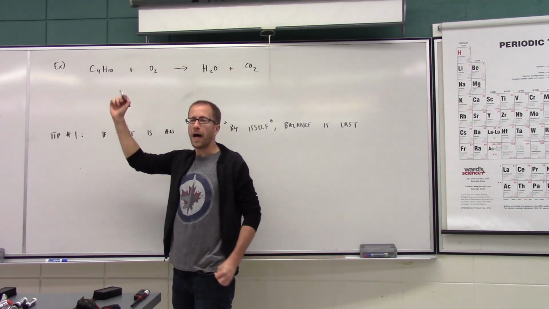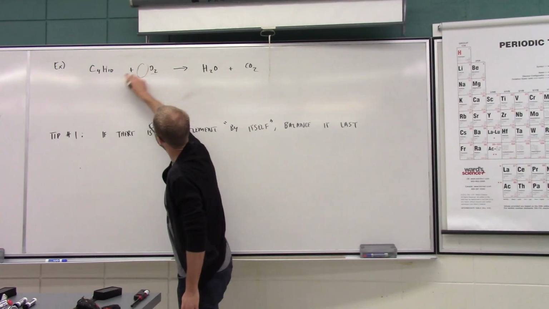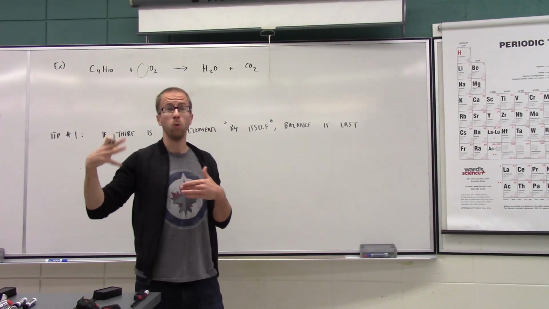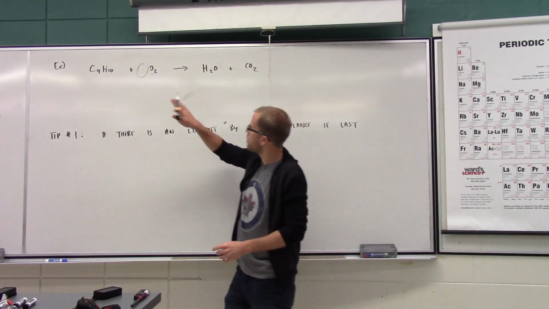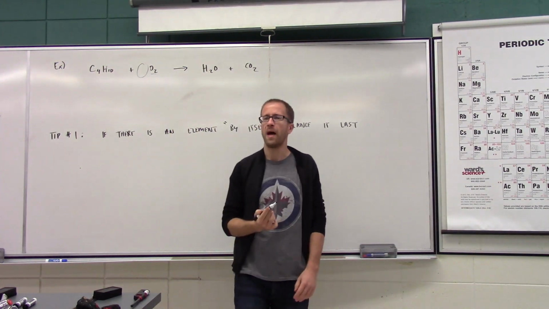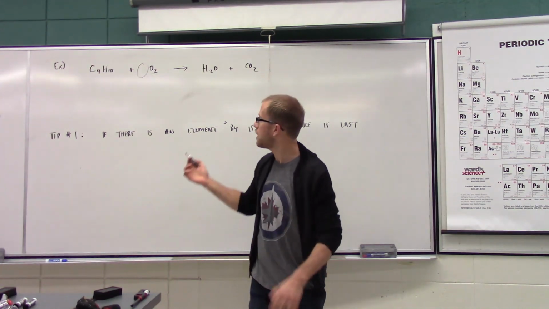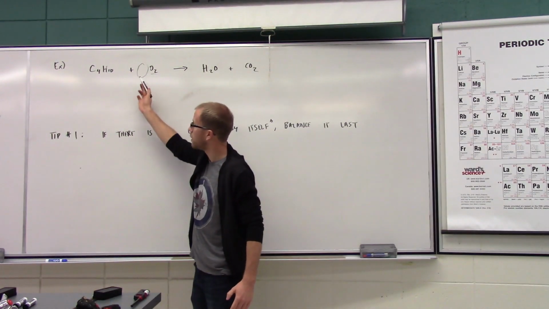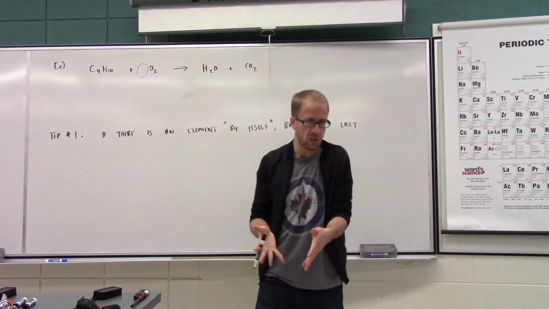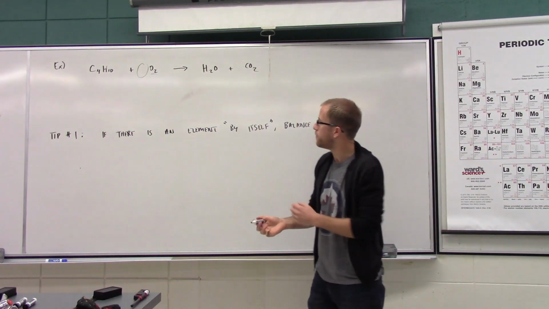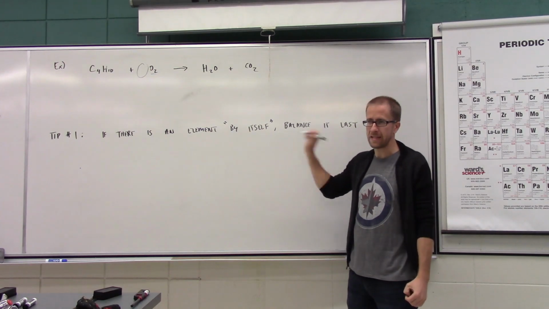So if it's by itself, no matter what number I put in front of oxygen, it's only going to change my number of oxygens. So if you have an element by itself, always balance it last, because by putting a coefficient in front of oxygen here, I'm not changing any of my other atoms. I'm just changing oxygen. So really important, balance it last.